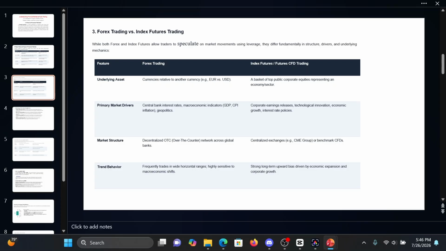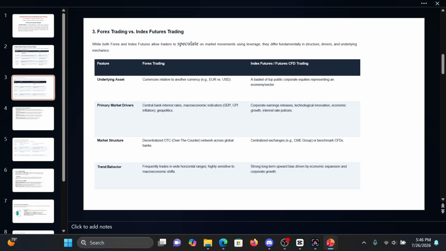Forex is decentralized. So look at the trend behavior. Under the forex, it frequently trades in wide horizontal ranges, highly sensitive to macroeconomic shifts. You may find that sometimes it ranges, and when there's even small news, it can easily affect its direction or movement.